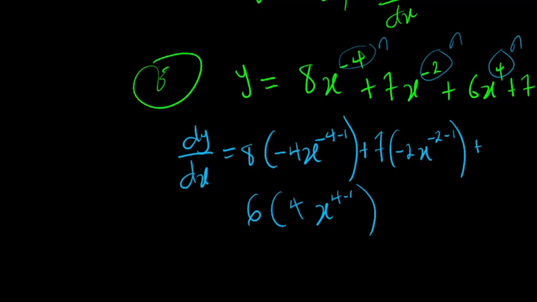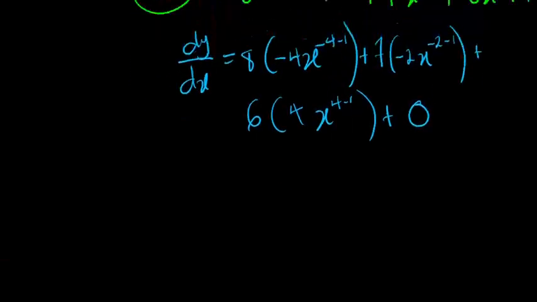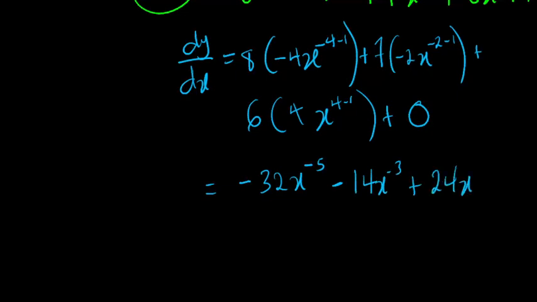And lastly, I have the differentiation of a constant, which is 0. 7 is standing alone, doesn't have any variable attached to it, so that's 0. So finally, I'm having minus 32x raised to power minus 5, plus, times minus is minus, 14x raised to power minus 3, plus 24x raised to power 3.